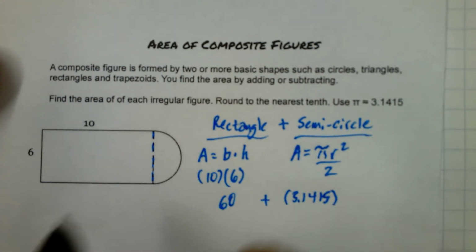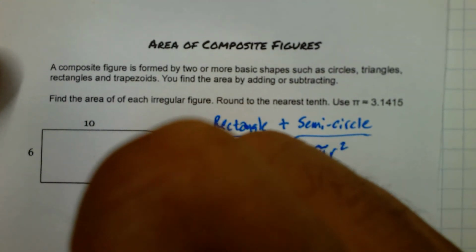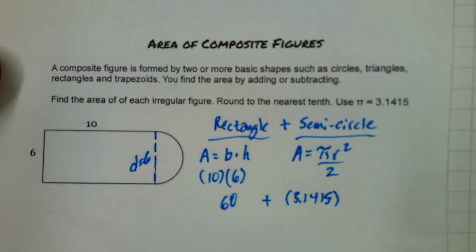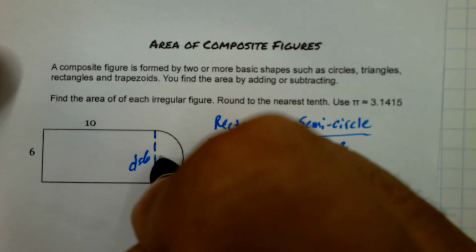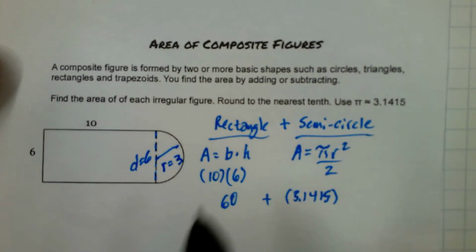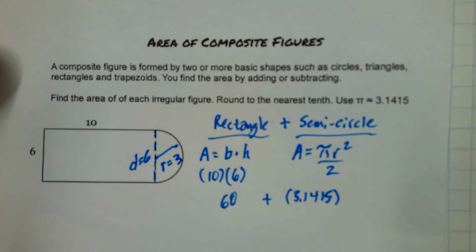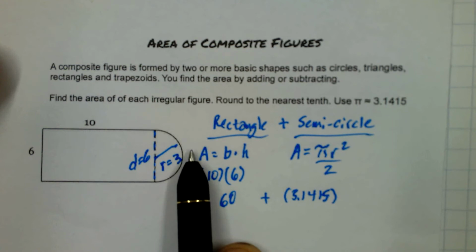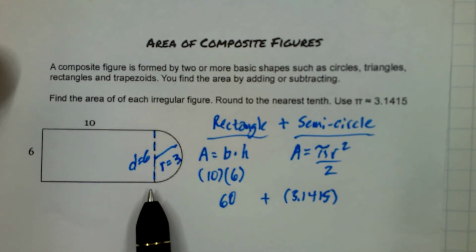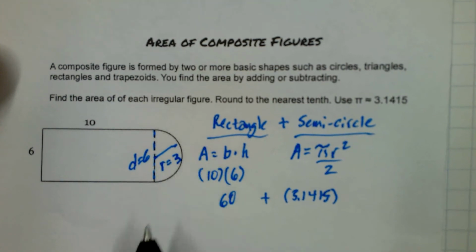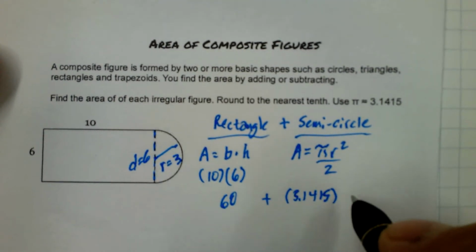The diameter is 6. But we want the radius, which I heard someone say 3. Yeah, the radius is 3. Remember, guys, the radius always goes from the center to the edge. If it goes across, we're looking at a diameter. So it's going to be 3 times 3.